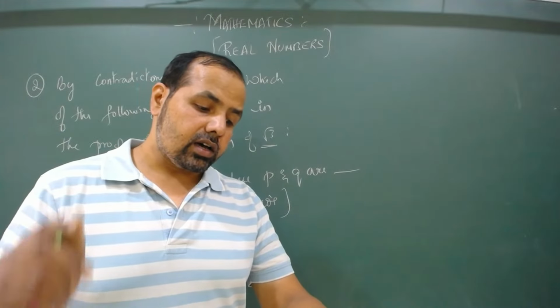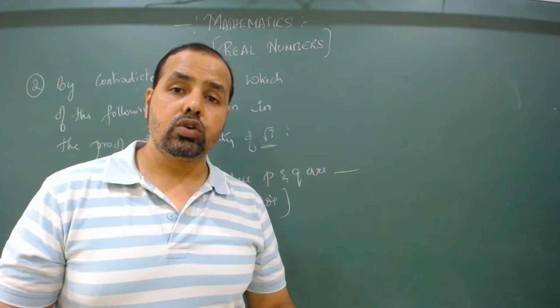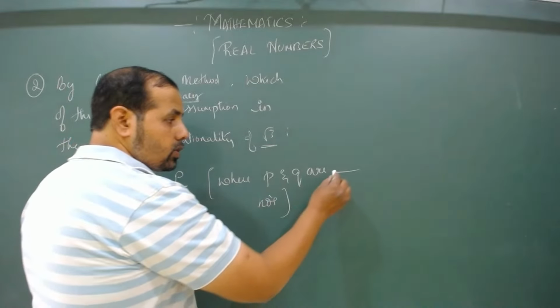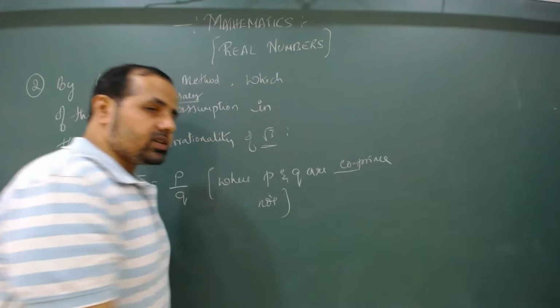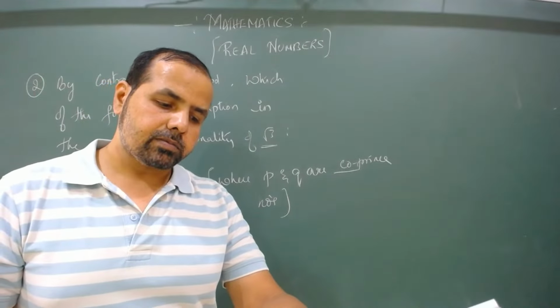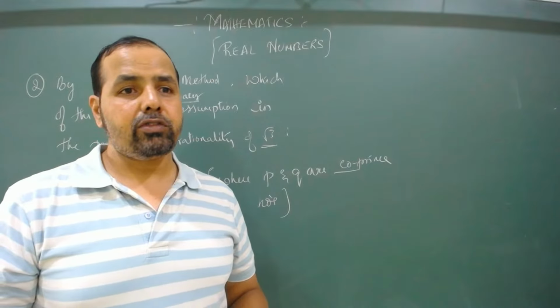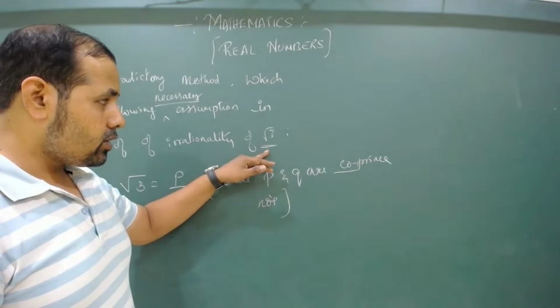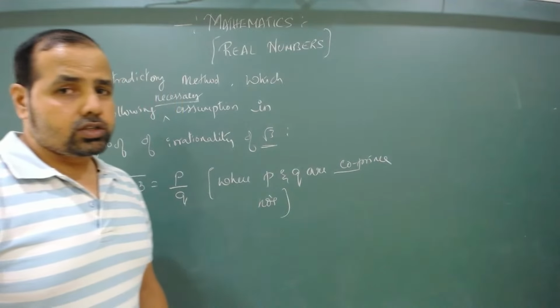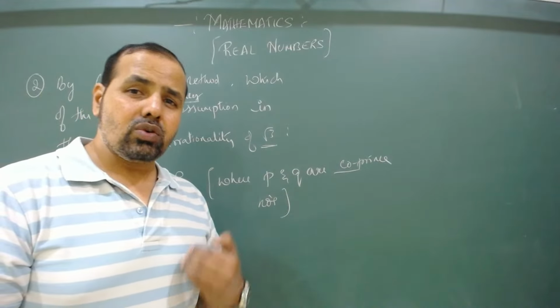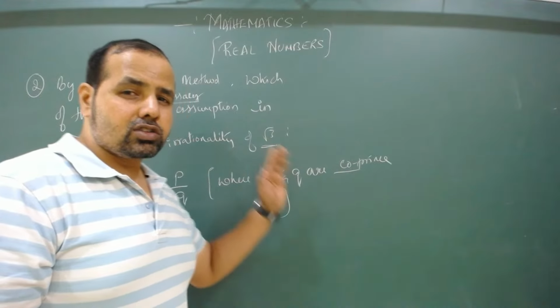The next option says that P and Q are co-prime numbers. And the fourth option says that it cannot be written in the form of a fraction. When you prove root 3 to be an irrational number, you cannot write it in the form of P by Q. So among the four options, you are familiar with solving this one.